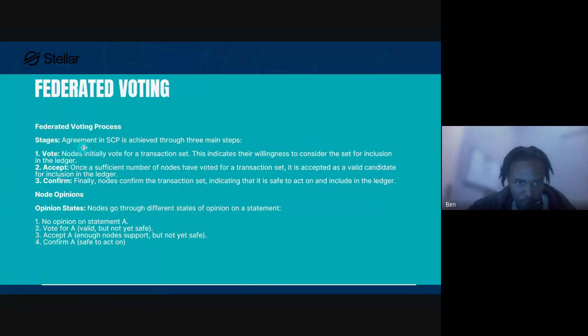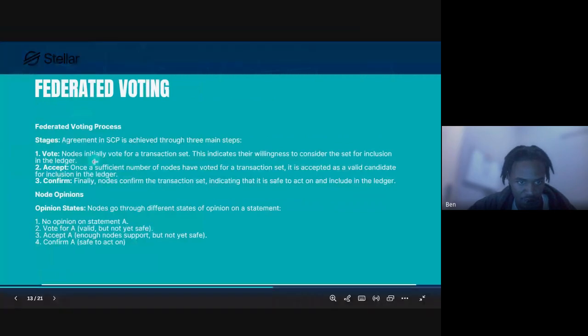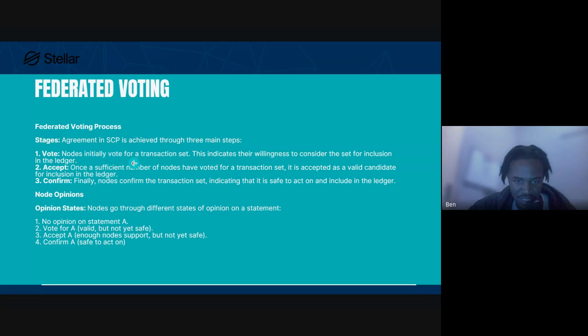Agreement in SCP is achieved through 3 main steps. The first step is vote. Nodes initially vote for a transaction set. This indicates their willingness to consider the set for inclusion in the ledger. The second step is accept.